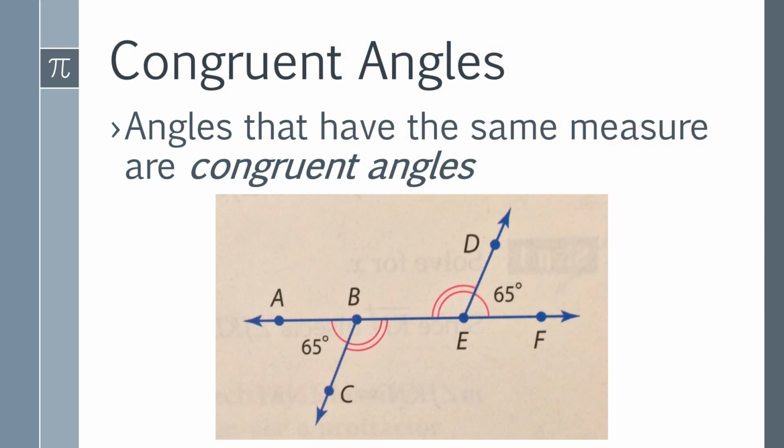Okay, let's talk about congruent angles. Angles that have the same measurement are congruent. And when we mark congruent angles, we give them the same identical marking. So you can see here that this 65-degree angle has this mark, as does this 65-degree angle.